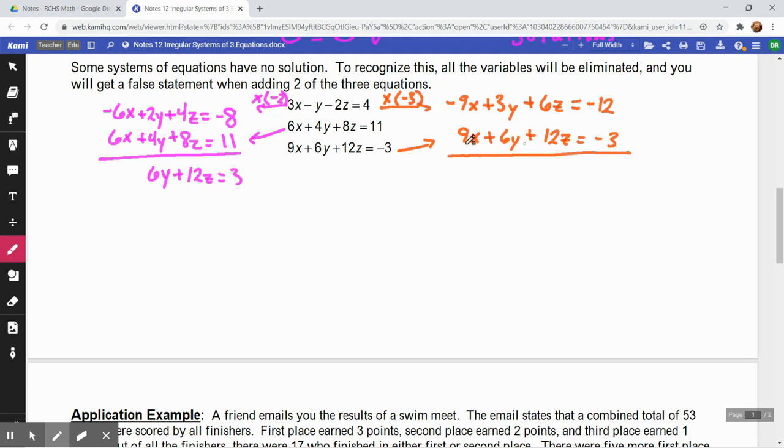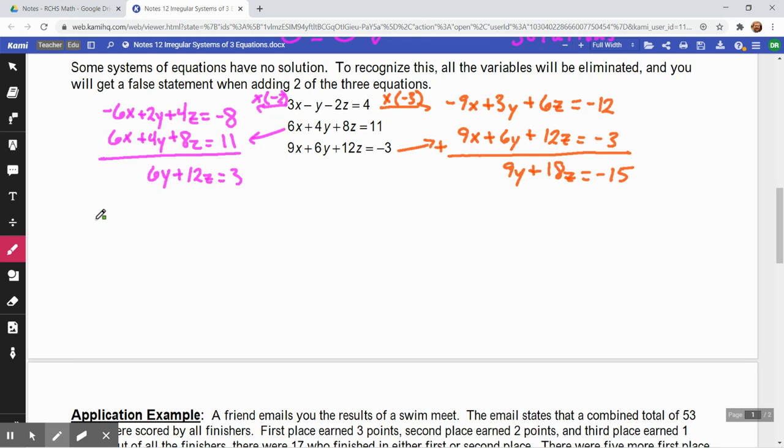Because the x's will cancel, we will combine our equations. 3y plus 6y is 9y. 6z plus 12z is 18z. And negative 12 plus negative 3 is negative 15. Okay, so there we go. We have our two equations that have the same two variables. They both have a y and a z. We can match those together, stack them.